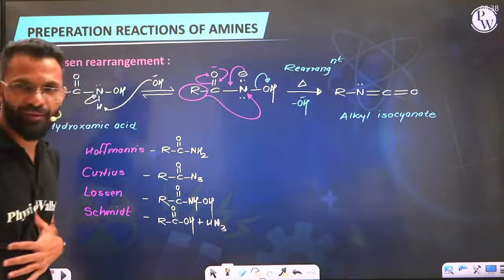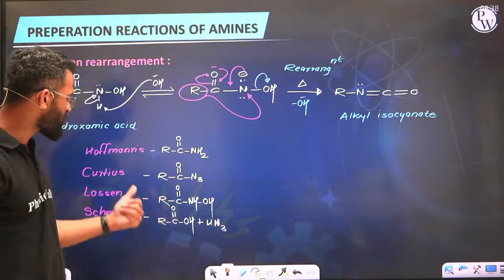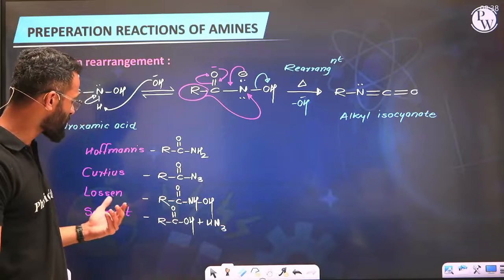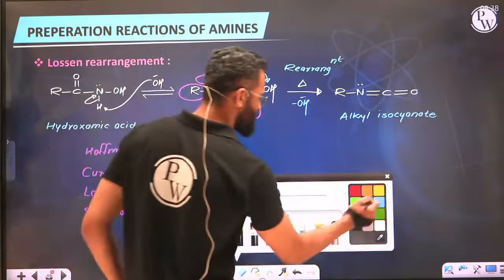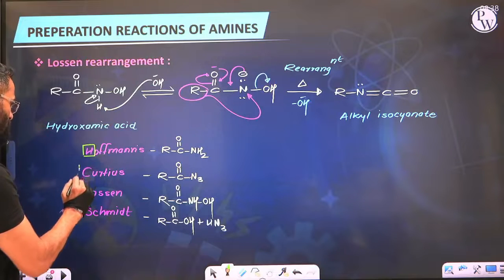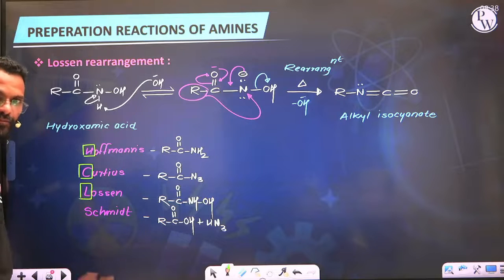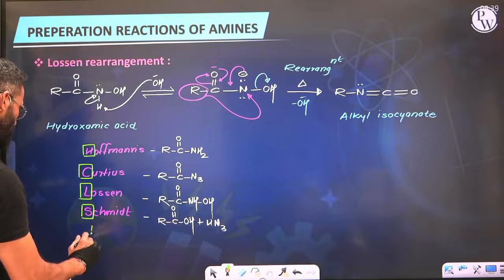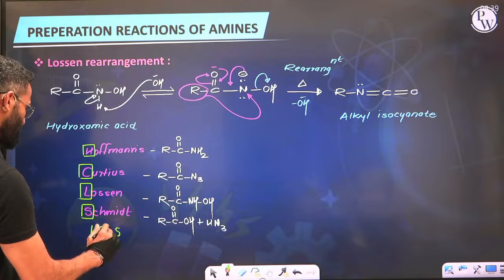Well, how do I remember this? I told you how I remember the starting compound. But imagine if you remember this, but forget which was the first, which was second, which was third, again there is going to be a problem, because probably you will not remember which reaction hydroxamic acid was used for. So for me, what I remember is, look at the initials, H, C, L and S. HCl, we know hydrochloric acid, and just add one S here.